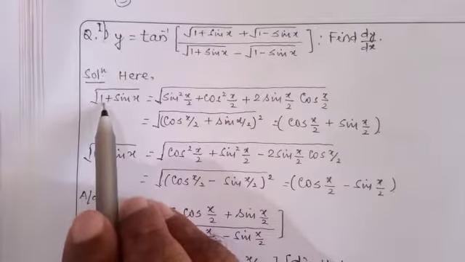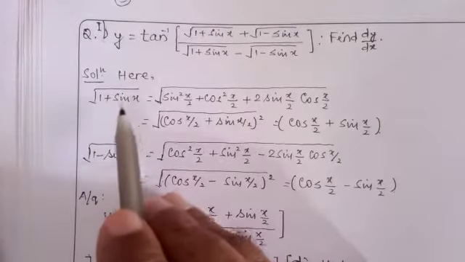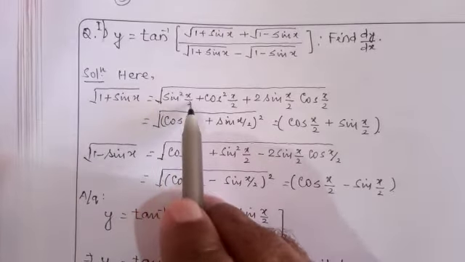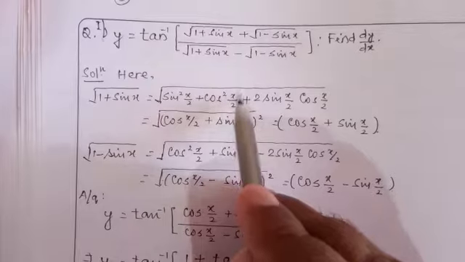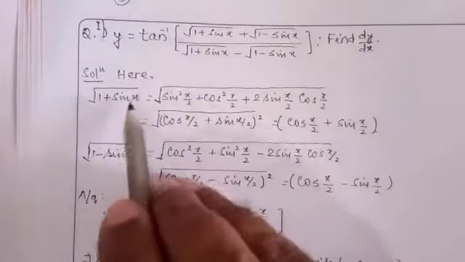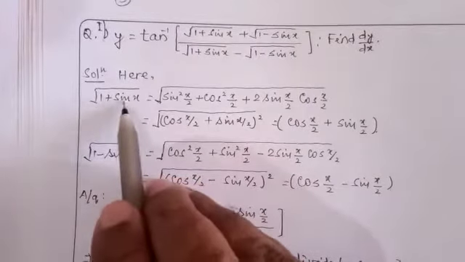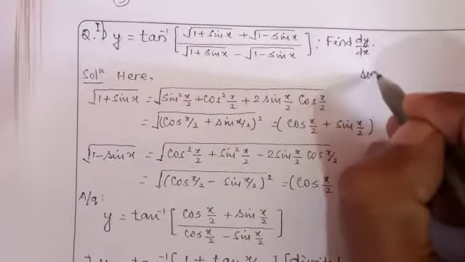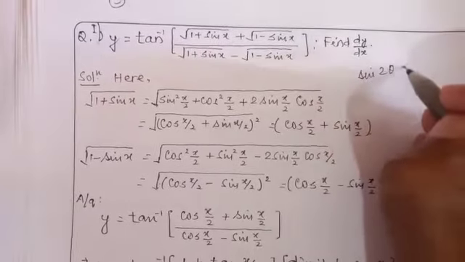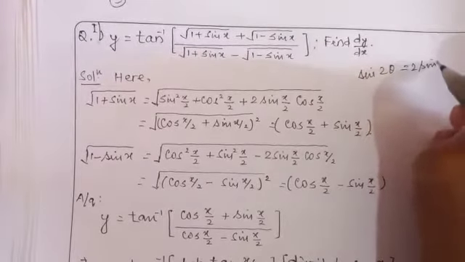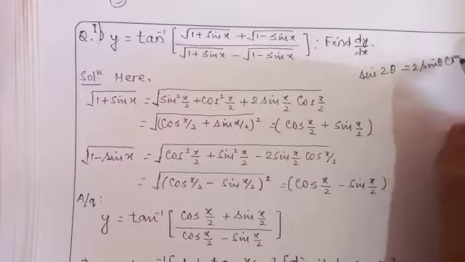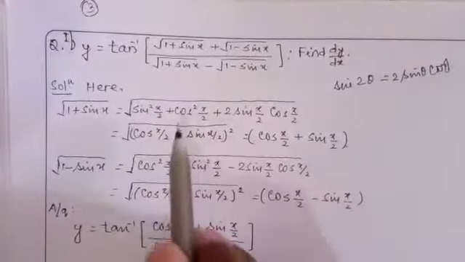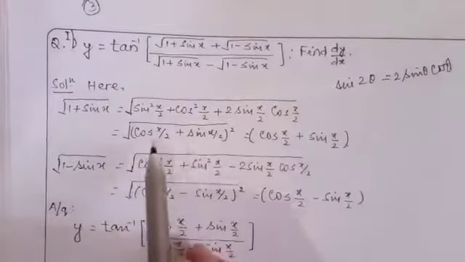1, you already know sin square theta plus cos square theta is 1. So here we write sin square x by 2 plus cos square x by 2 for 1, and expand sin x according to the formula of sin 2 theta, which is 2 sin theta into cos theta, and put 2 theta is equal to x, then theta should be x by 2.